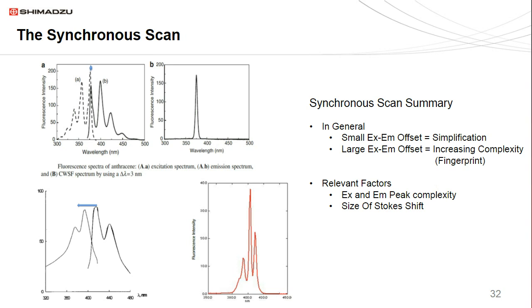So as these peaks overlap, you get the red spectrum that's to the right of it, which is a synchronous scan at a larger offset where you're overlapping this vibrational structure, and this can be used then as a fingerprint. Very common technique in identifying different types of polyaromatic hydrocarbon mixtures like fuel oils.